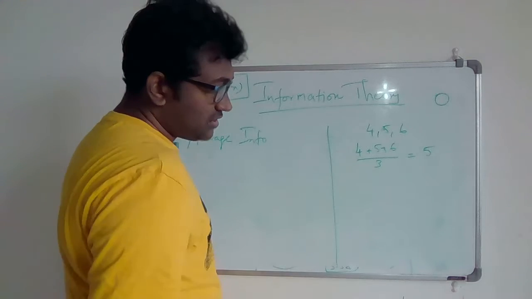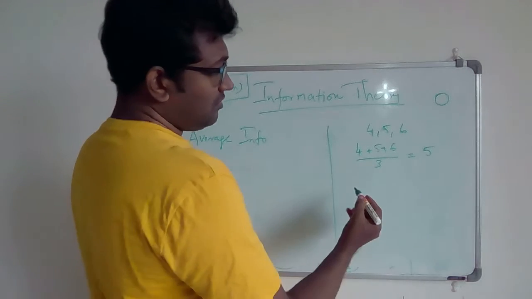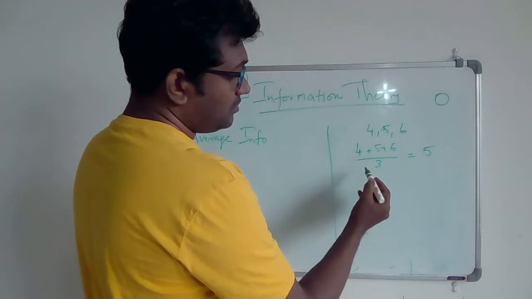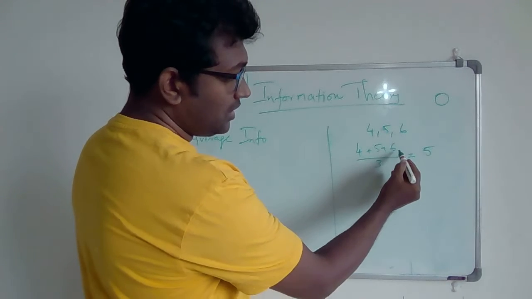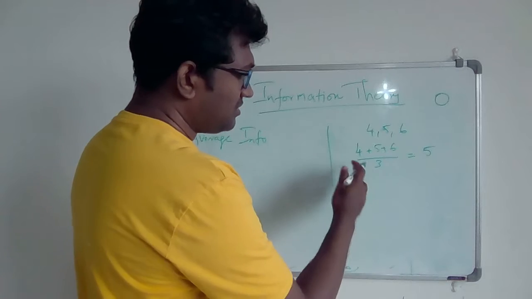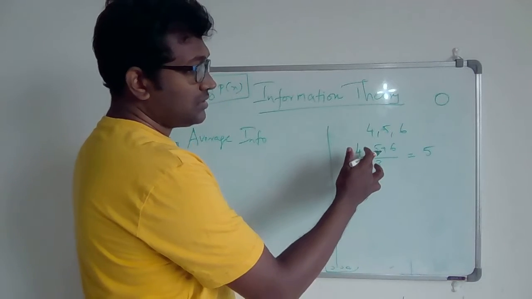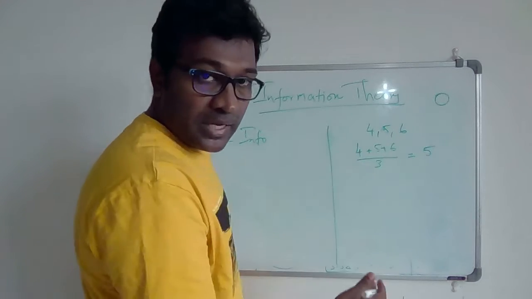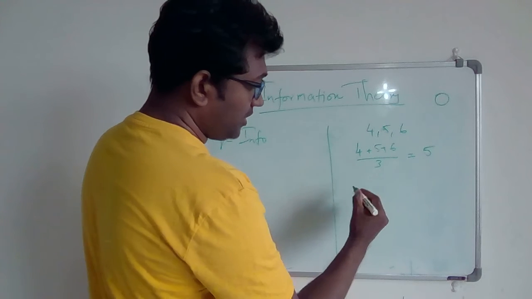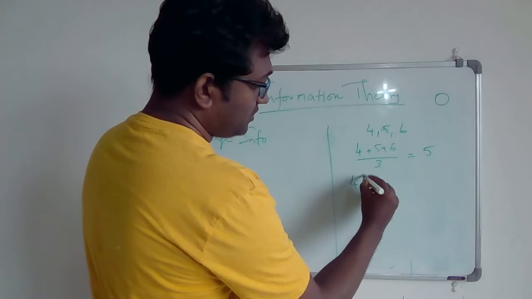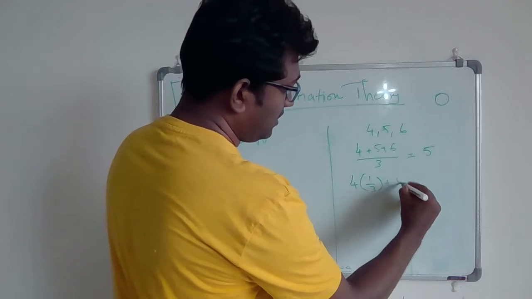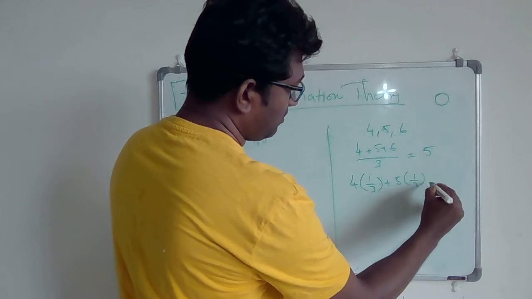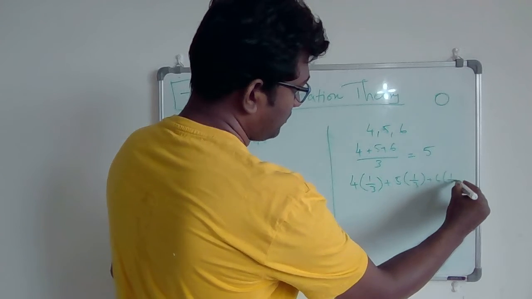So internally, what we are actually doing is giving equal probability to these three occurrences, which means these three numbers are equally likely, so we assign equal probabilities to them. So we actually do 4 into the probability of the number, 5 into the probability of the number, 6 into the probability of the number.